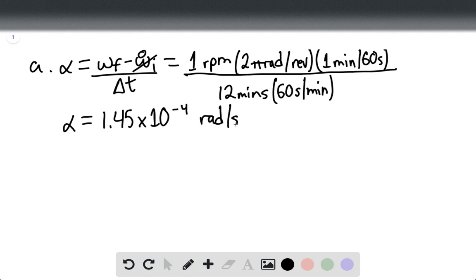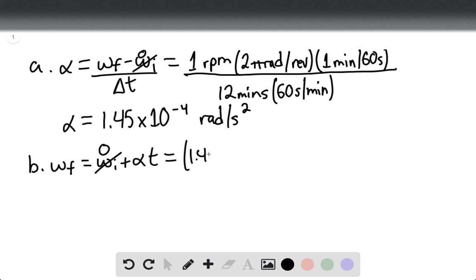radians per second squared. Now for part B, they want the final angular velocity. So this will be omega final equals omega initial plus alpha t. We know that omega initial, the initial angular velocity, is 0. So this will be 1.45 times 10 to the negative 4th times the total time.